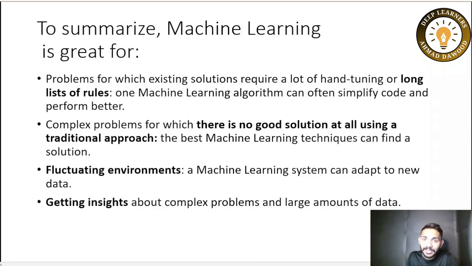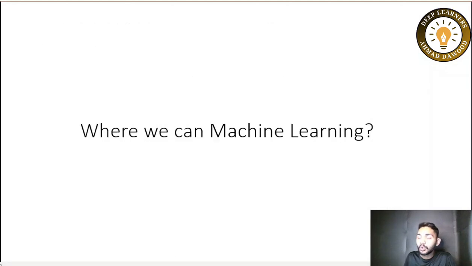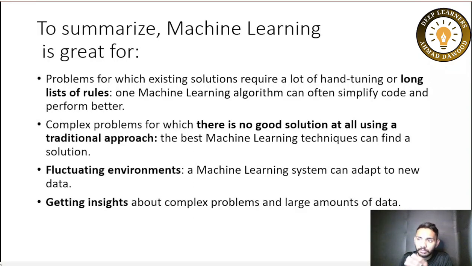Getting insight: ML can be used to get insights from the data, like you have seen in the last slide. So where can we use machine learning? You have seen there are a lot of cases where we have complex rules and where the traditional approach will fail. You can use ML in a fluctuating environment.